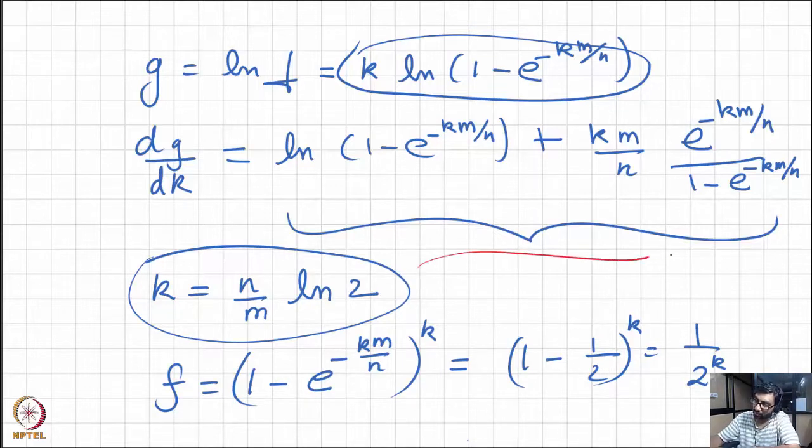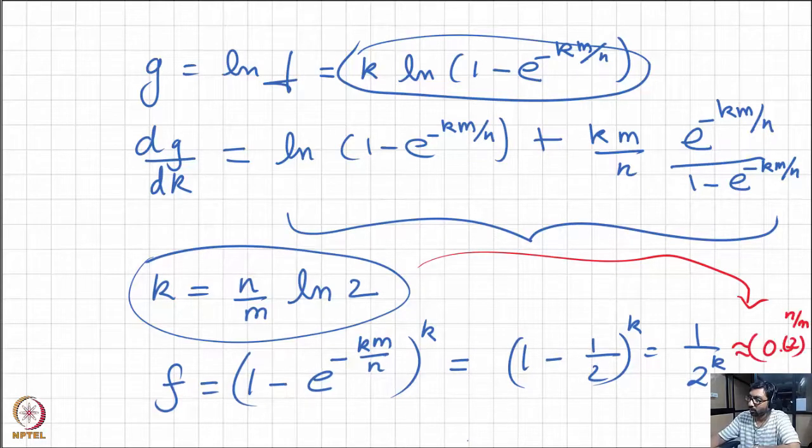And substituting the value of k, we're ultimately going to get approximately 0.62 raised to the power n over m.